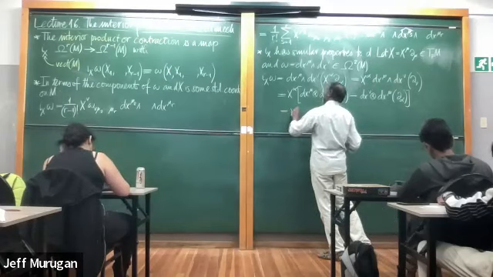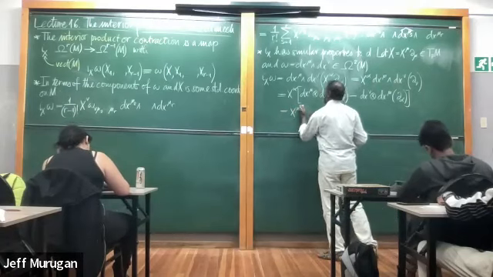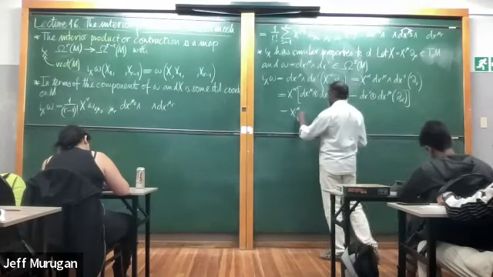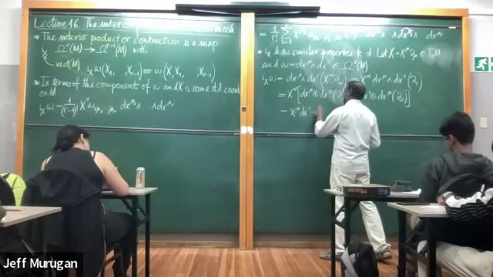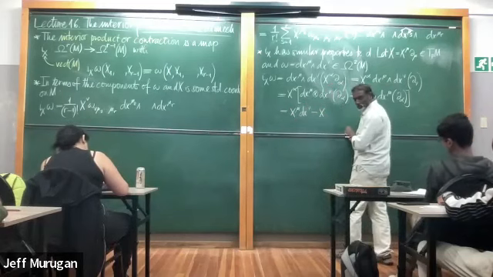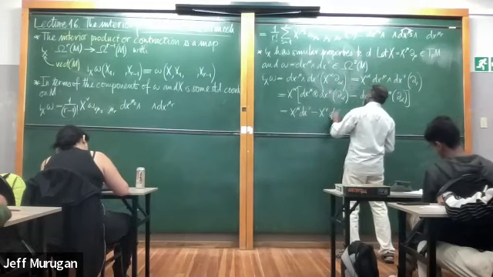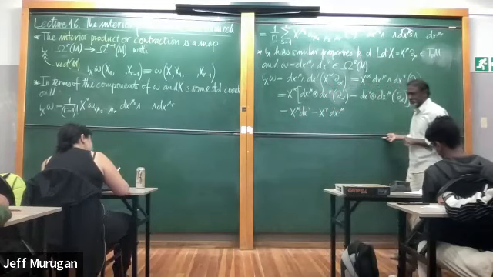And this is just x mu dx mu dx mu dx mu minus x mu dx mu.